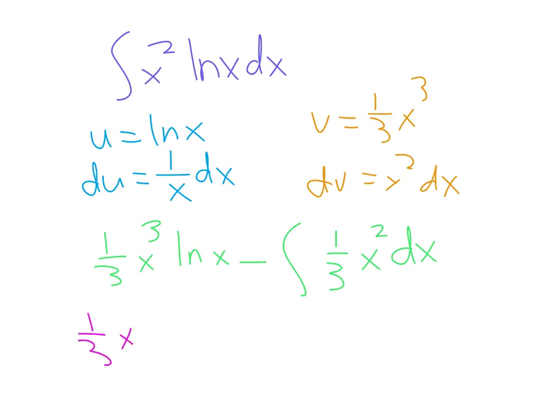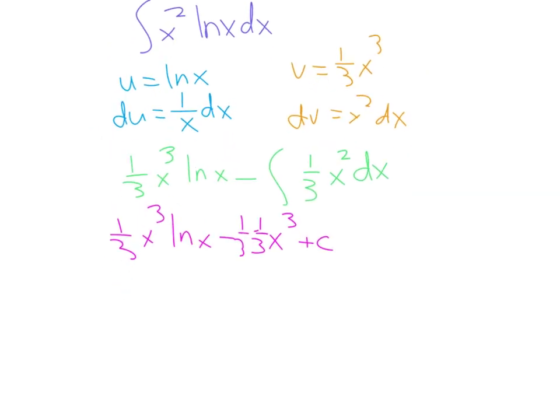That's x squared, so that's going to be x cubed; we need a 1/3 in front, and we already have a 1/3 in front, plus c. So we can go ahead and simplify that: 1/3 x cubed natural log of x, 1/3 and 1/3 makes a 1/9, x cubed, plus c. We did that problem.